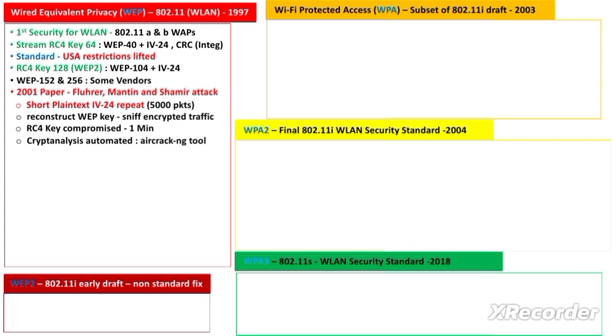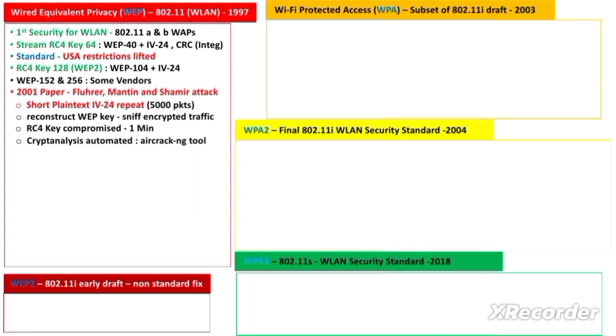By sniffing this initialization vector, it was found that after 5,000 packets, the initialization vector was repeating itself, which led to the reconstruction of the WEP key, because the main purpose of the initialization vector is to randomize the generation of the RC4 key.